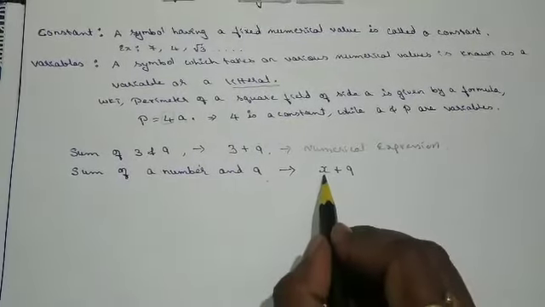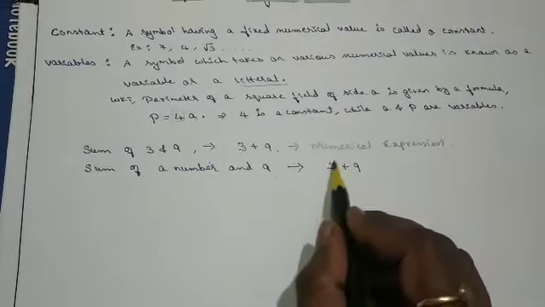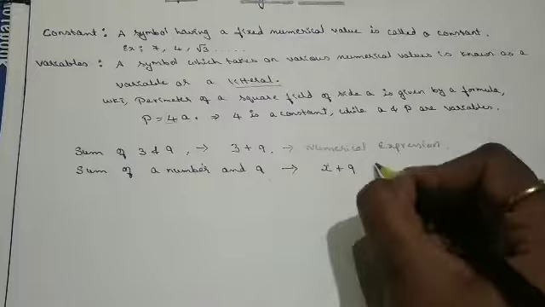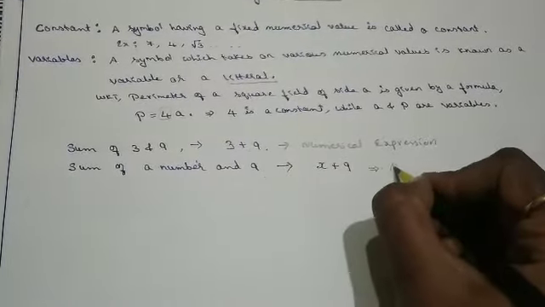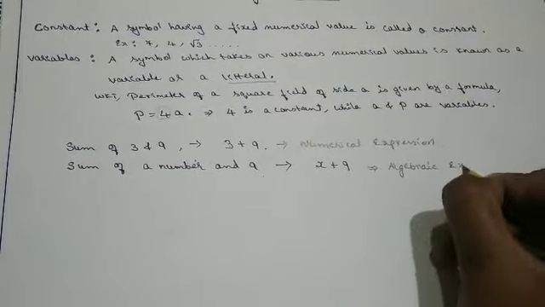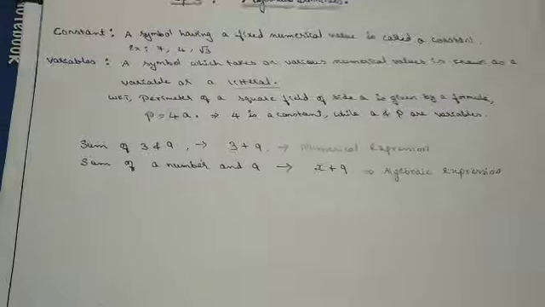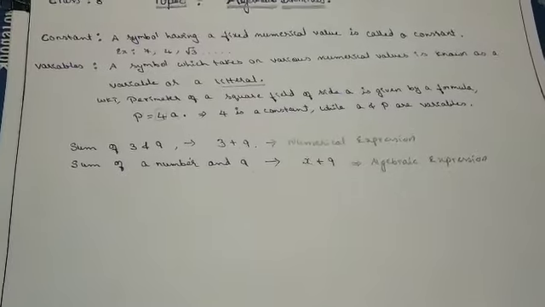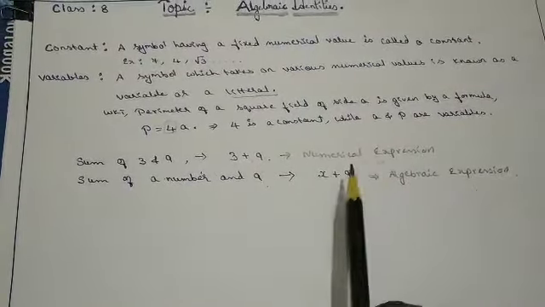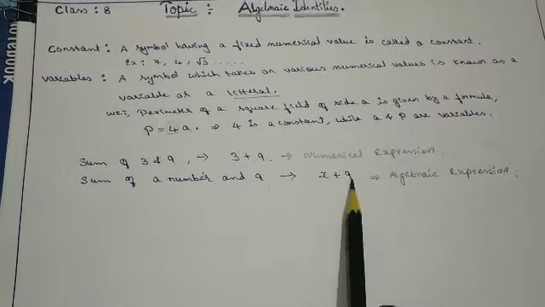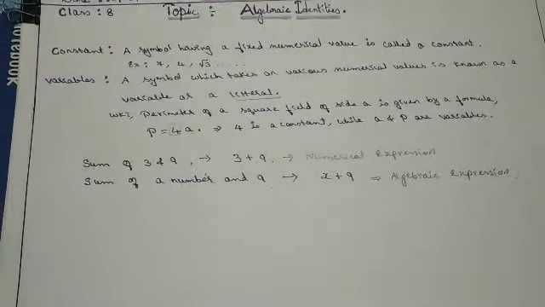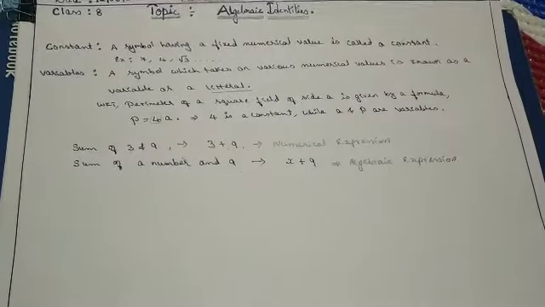And here we have x and 9. x is a variable and 9 is a constant. So this expression we call an algebraic expression. Numerical expression means only with numbers. Algebraic expression means which consists of variables and also constants. Then can we frame the definition for algebraic expression?